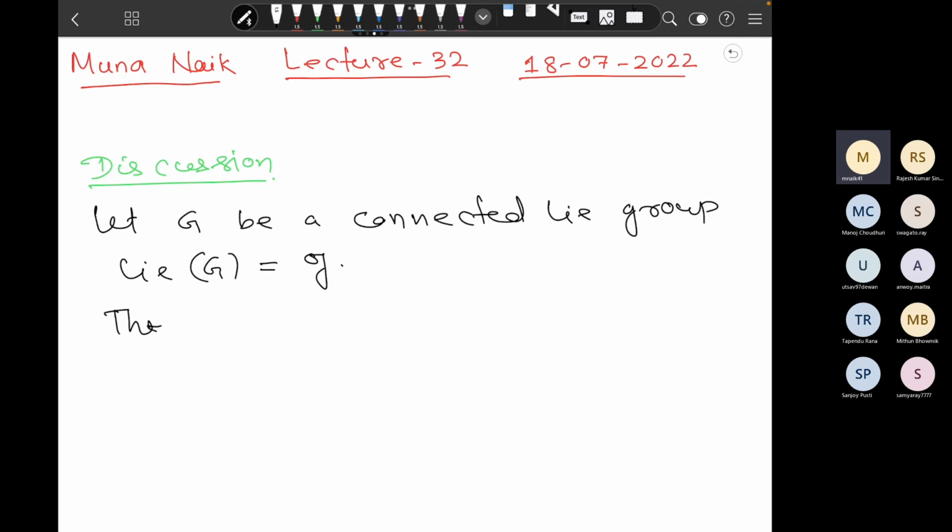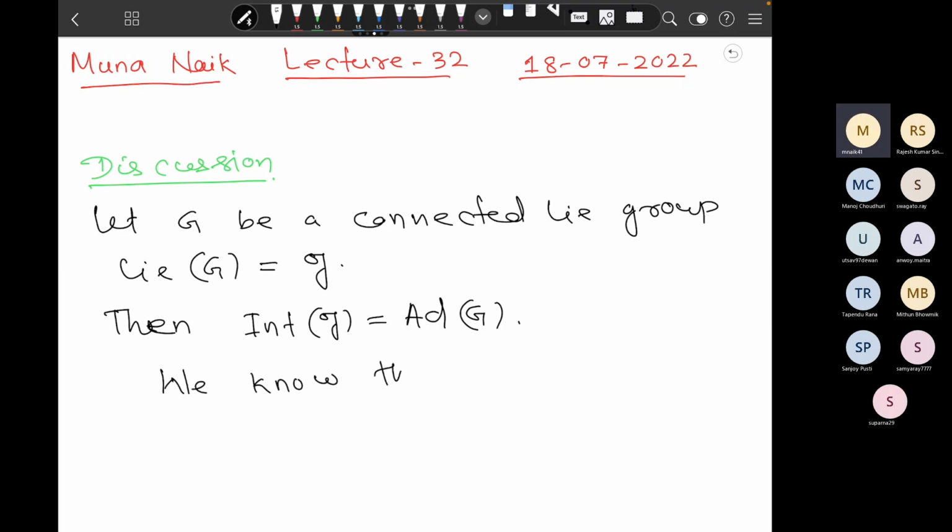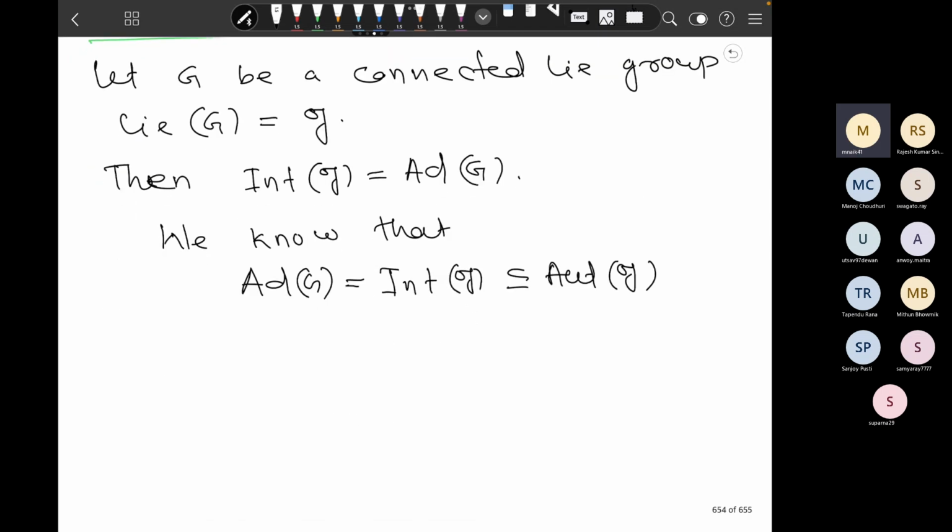Then we know that Int G, which I have defined, is really Ad G, because G is connected, and we know that Int G is a subset of Aut G. So Int G is really Ad G. Now the Killing form B_G is Int G invariant, Ad G invariant.